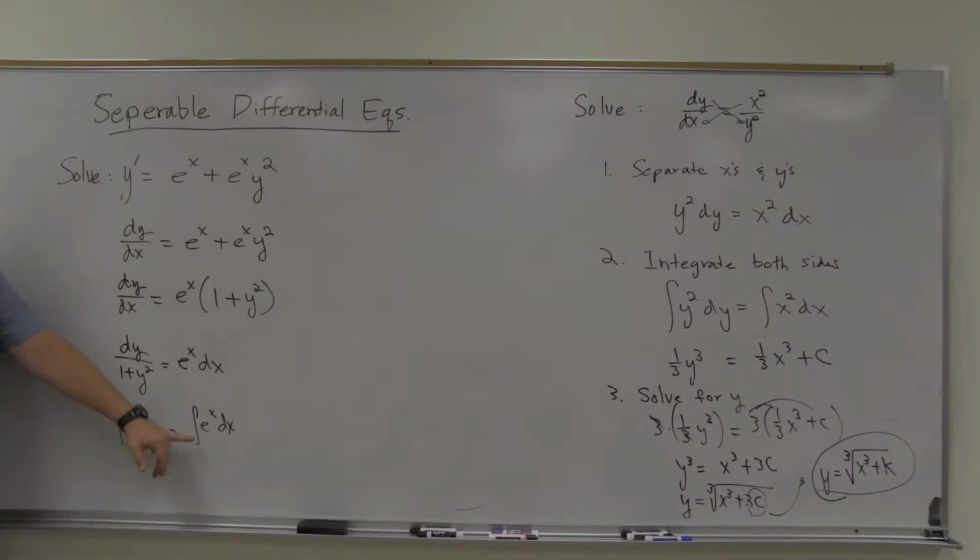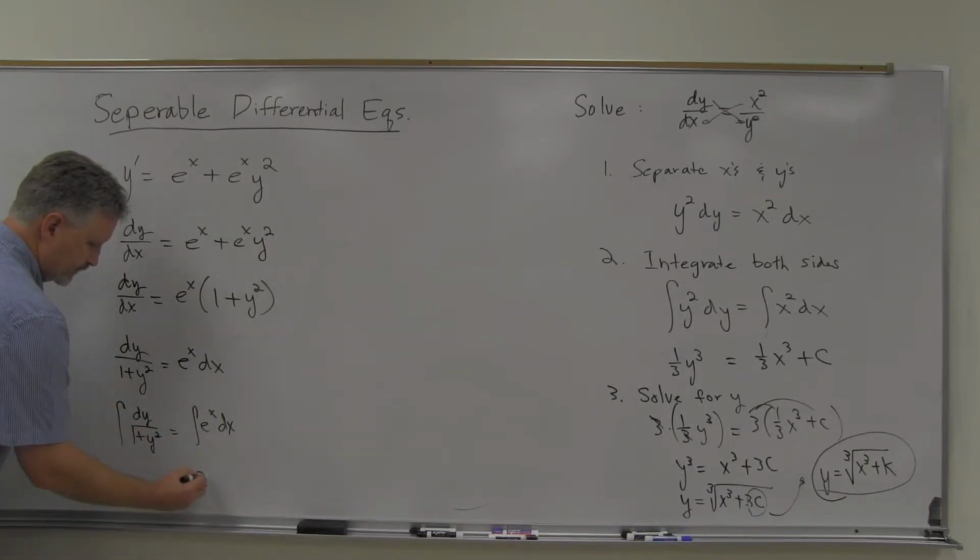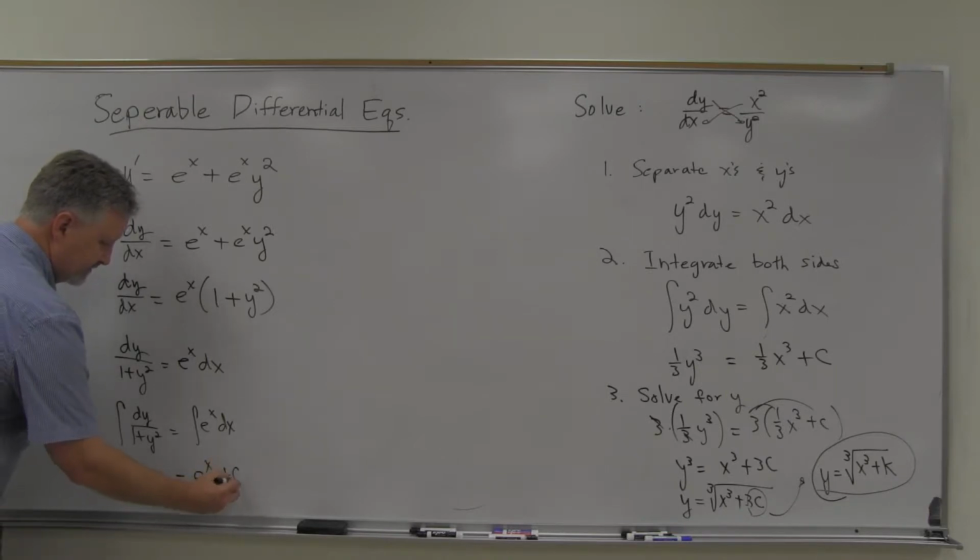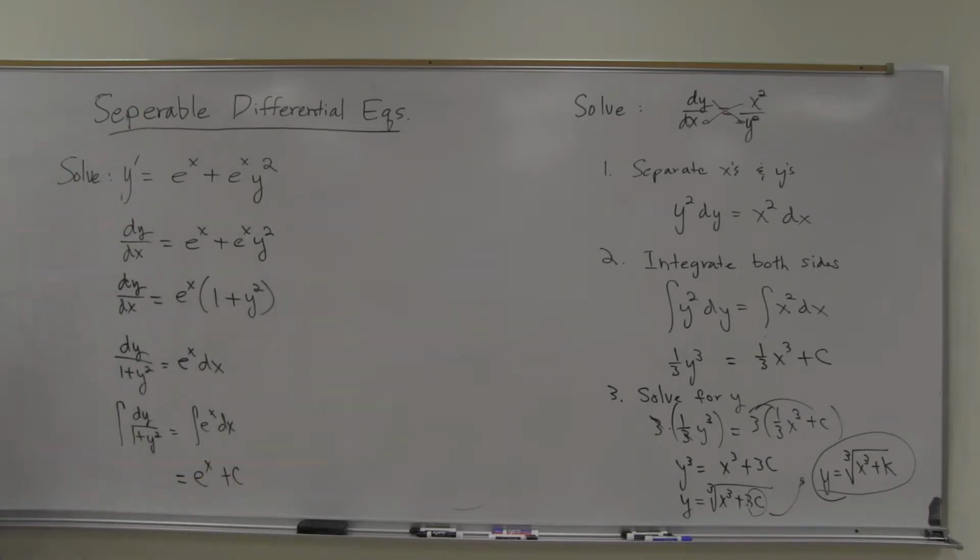The integral of e to the x is just e to the x, and that's the side we put the plus c on. The other one is also not too bad, as long as you recognize it. That's tan inverse, isn't it? Some of them work out really nicely. It's 1 over 1 plus y squared dy, so that's tangent inverse y.